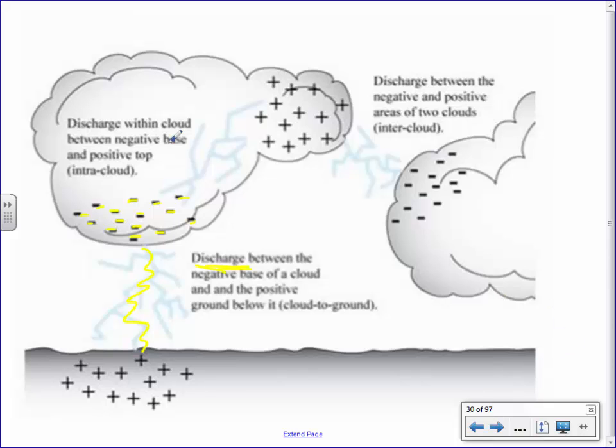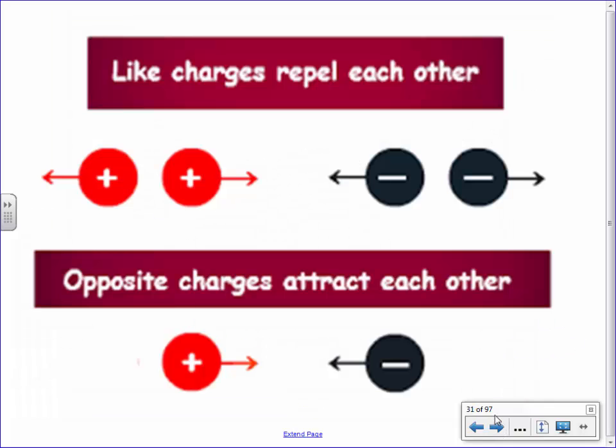Now, one of the things I want to talk about in this slide right here leads to the next one here. You guys might already know this, but when we were watching those two leaves separating, we were actually witnessing electro principles, which are these. If you have like charges, they repel each other. The word like in math and chemistry and physics means like the same.